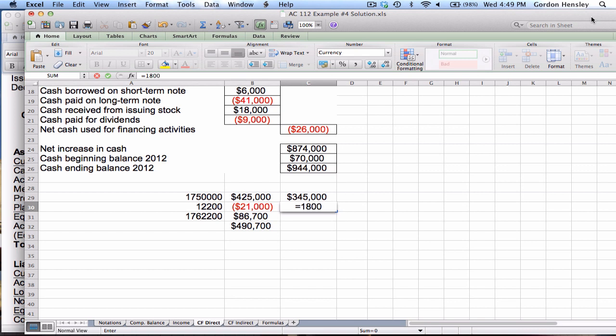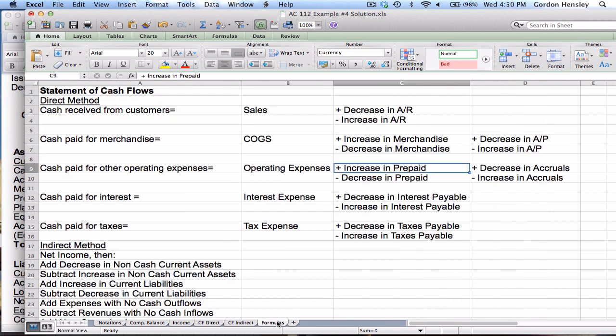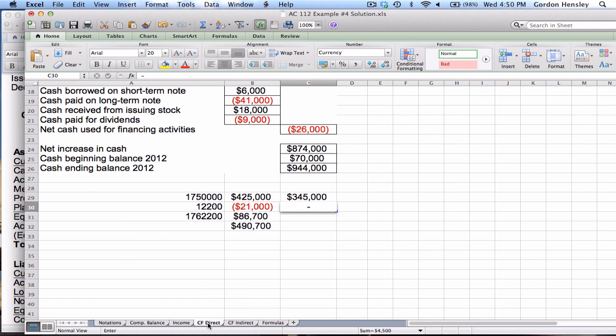So $18,000 minus $13,500, that's a $4,500 difference. And that is a decrease in prepaids. So the formula says a decrease in prepaids is to be negative. So I'll make that negative $4,500.